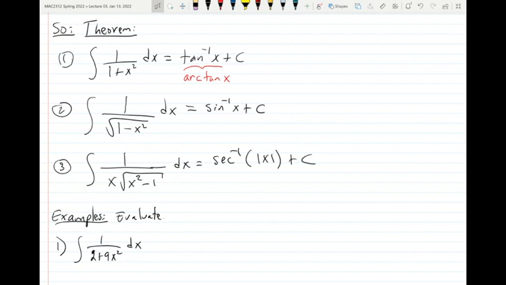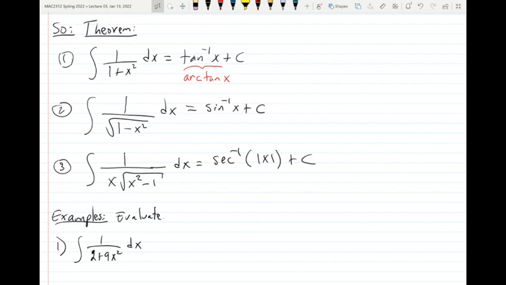It has the form of a number over a number plus something squared. Now, our job is to play with this and make this look like number 1. Once this looks like 1 over 1 plus something squared, and of course that something will be a substitution, then we'll be able to say it will be arctangent of whatever. You understand this?